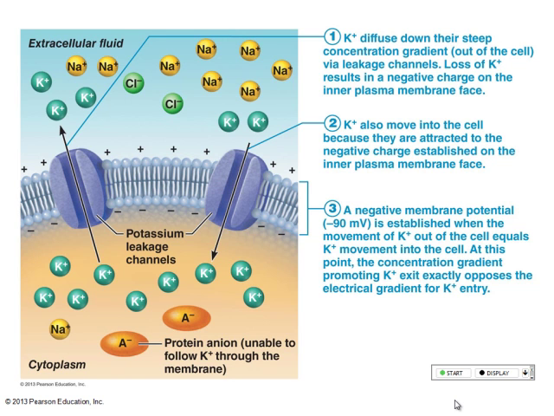So the charge associated with the inside of a membrane, its resting membrane potential, is about what? About minus 90. Minus 75 is another number we'll throw around when we talk about neurons.